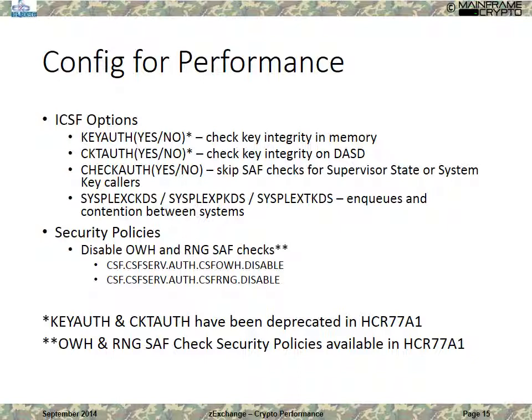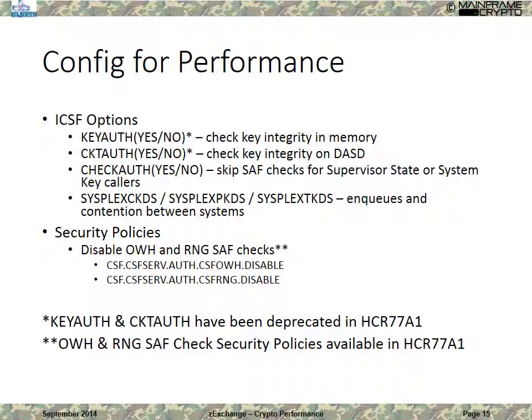Key auth and CKT auth are two options that have to do with providing key integrity. Going way back when ICSF was first implemented, one of the things that they did was when you create a key and when you save a key in the key repository, ICSF would calculate a hash of the actual key value and store that with the key in the repository.